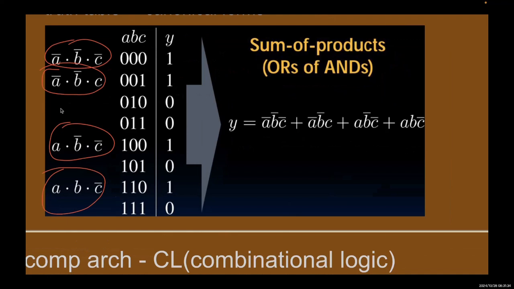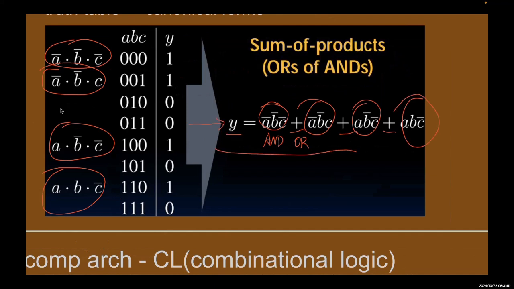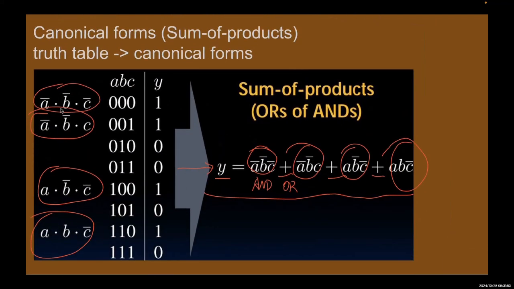And we OR them together. So this is AND, this is OR. That means as long as one of the 4 is 1, then the output is 1. So the truth table can be turned into this. It's called canonical form, and it's also called sum of products, which is the OR connected 4 products.